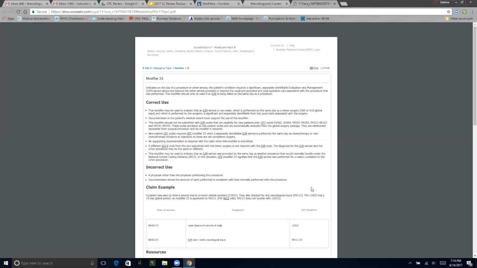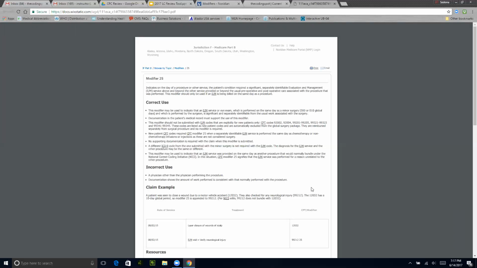And so here's my preventative service E&M visit, and here's my regular sick visit with a Modifier 25 attached to indicate that it was completely separate from the preventative service visit. And when that happens, the provider will get reimbursed for both. And also, I will be, as a patient, required to pay a copay for that sick visit.